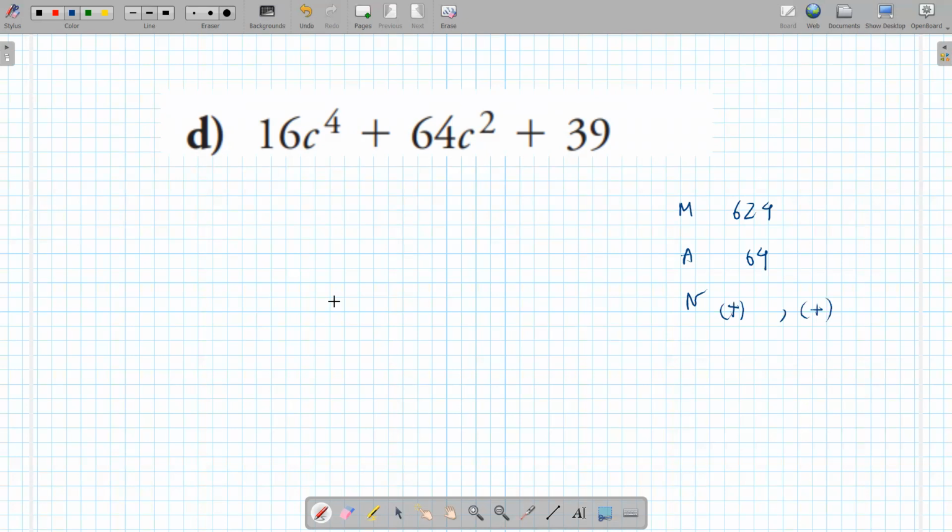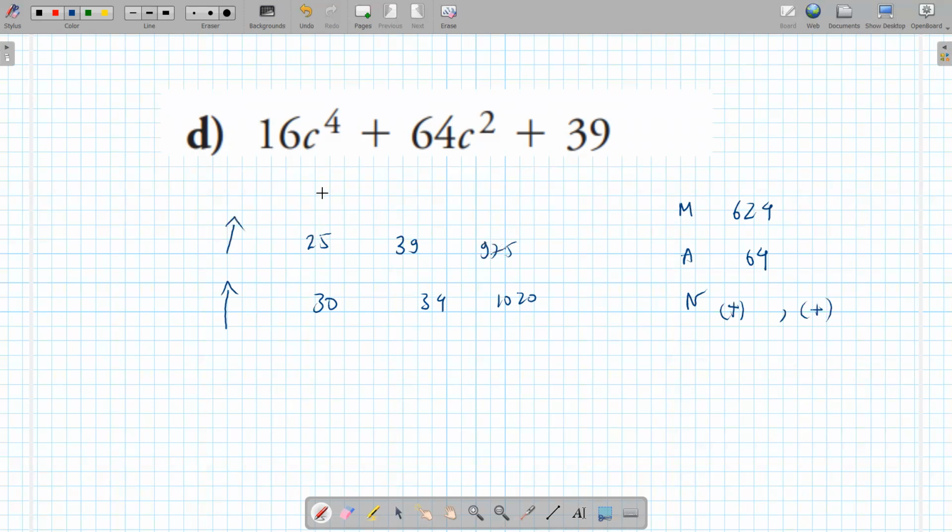Let's try 30 and 34. That's way too big, so I know I have to go this way, okay? It has to add up to 64, so let's try 25 and 39. That's still too big.